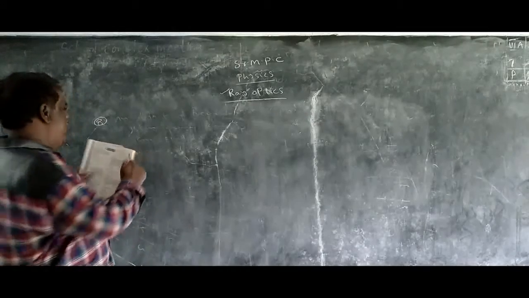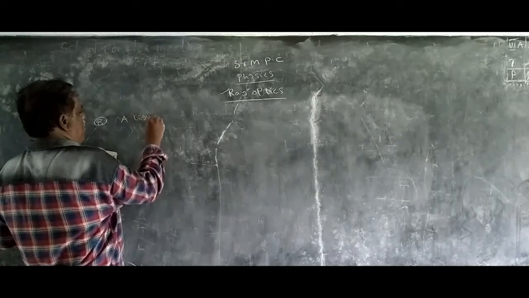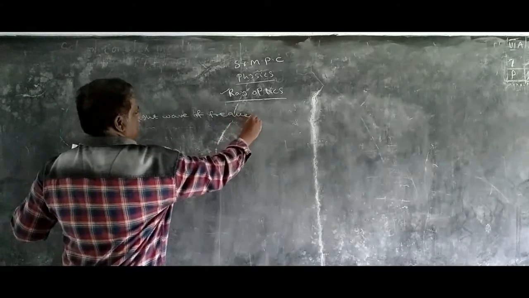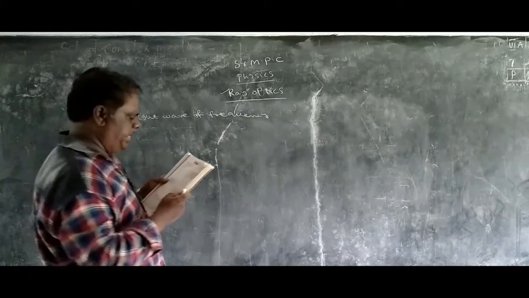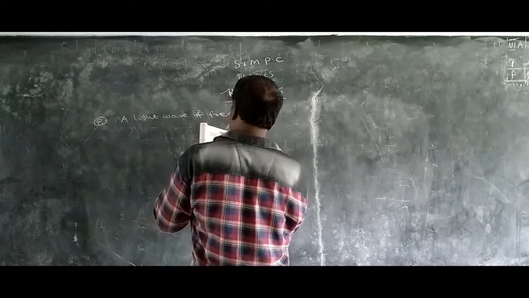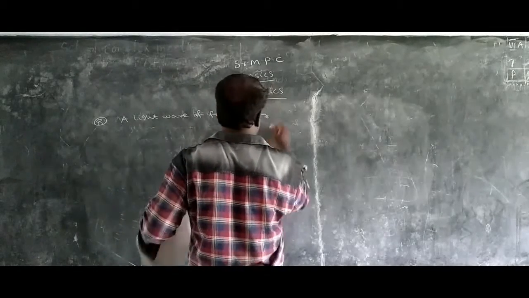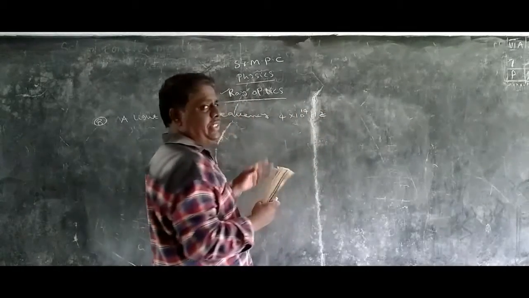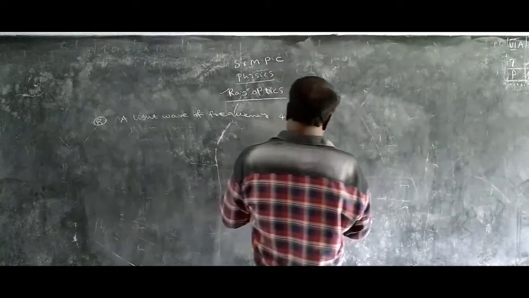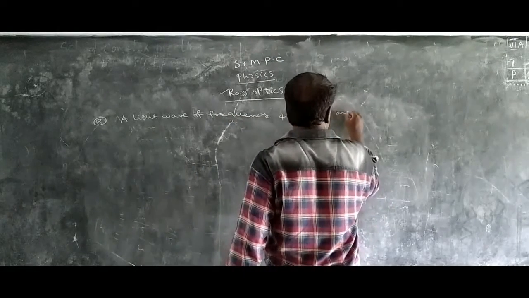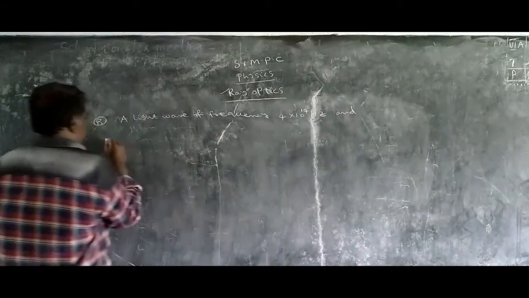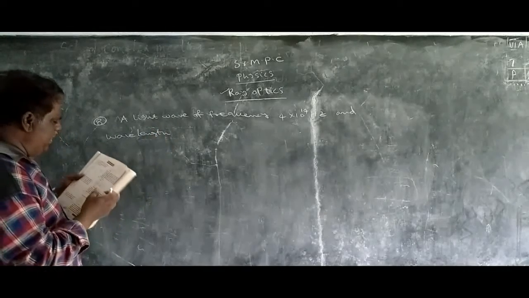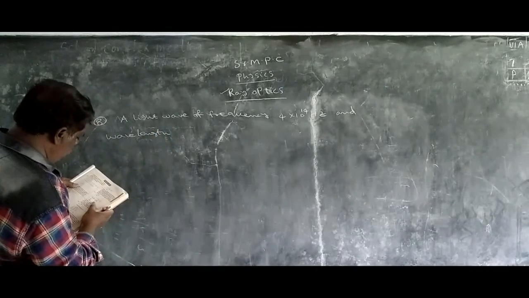A light wave of frequency 4 into 10 power 14 Hz. Frequency unit will be Hz. And the wavelength 5 into 10 power minus 7 meters.